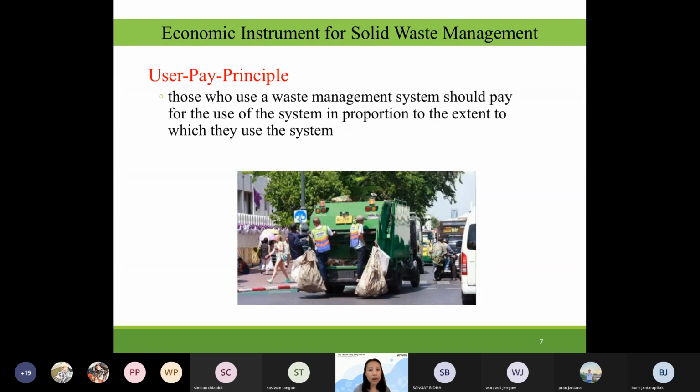After collection, we have other processes, right? We have to include all the investment costs for waste management. Maybe we can force people to reduce the amount of waste by using the user pay principle also.